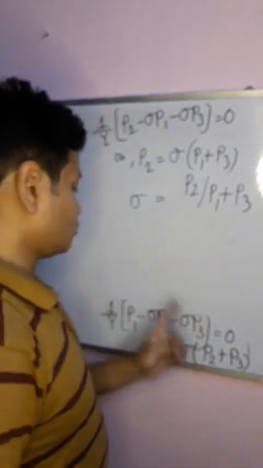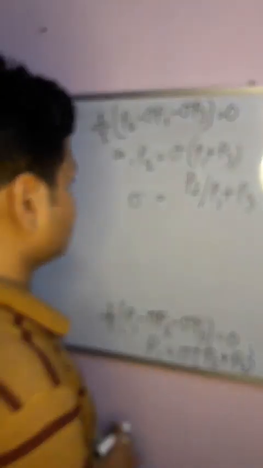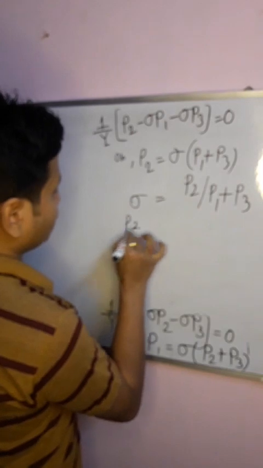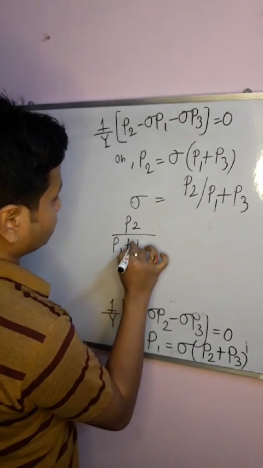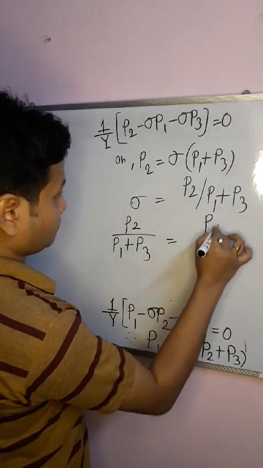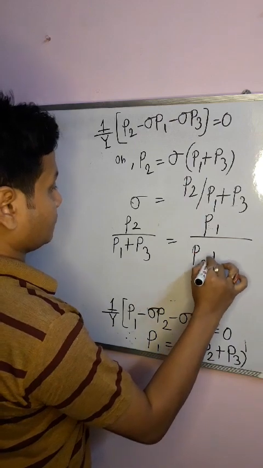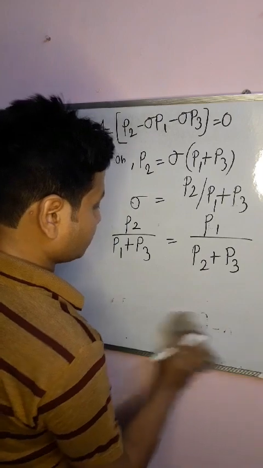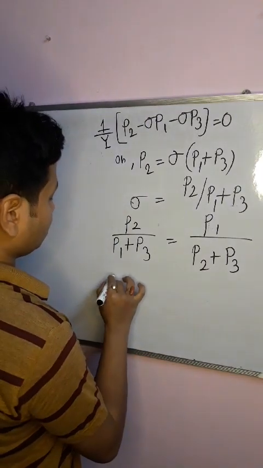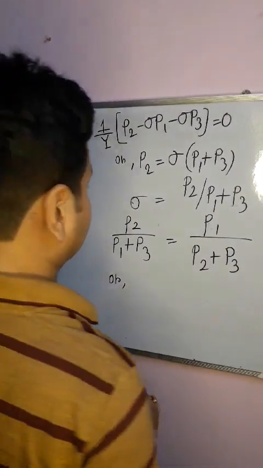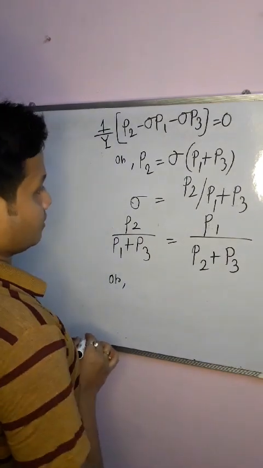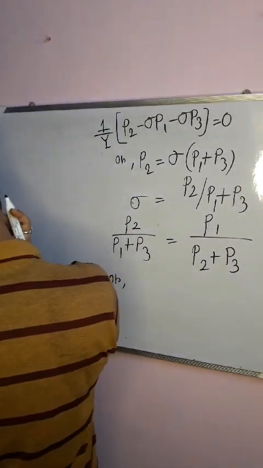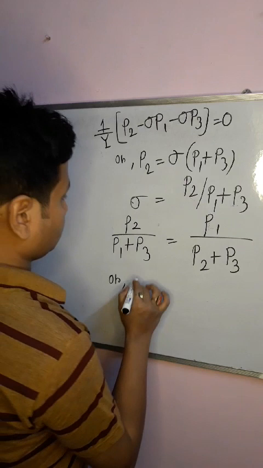So both are sigma, so we can make these two equations equal. Here sigma is P2/(P1 plus P3), and here sigma is P1/(P2 plus P3). If we make the conditions equal, then we will get it. So what is this?